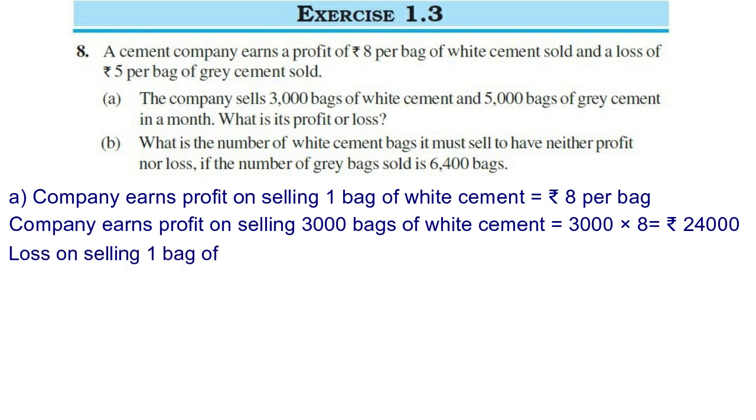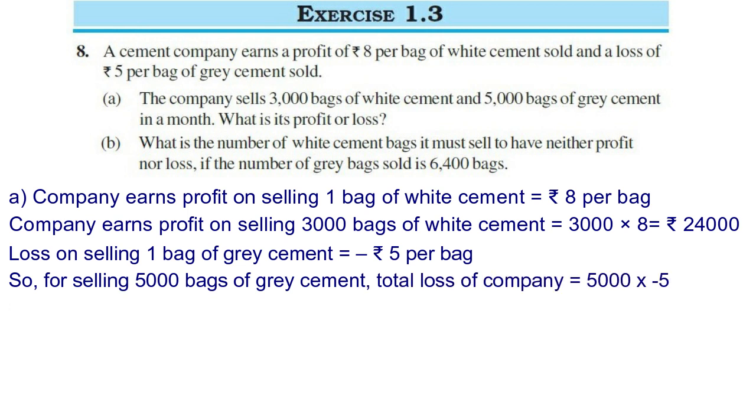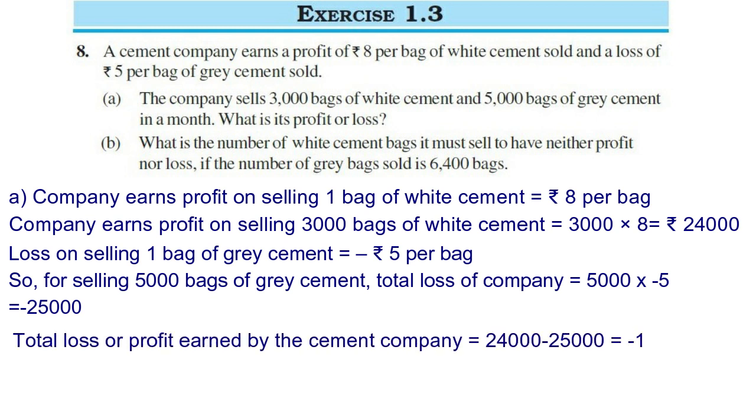So the company sold 5000 bags of grey cement. So for 5000 bags of grey cement, the total loss of the company equal to 5000 into minus 5. Therefore minus 25,000. Therefore, the total loss or profit earned by the cement company equal to 24,000 minus 25,000 means minus 1,000. A loss of the company equal to 1,000.